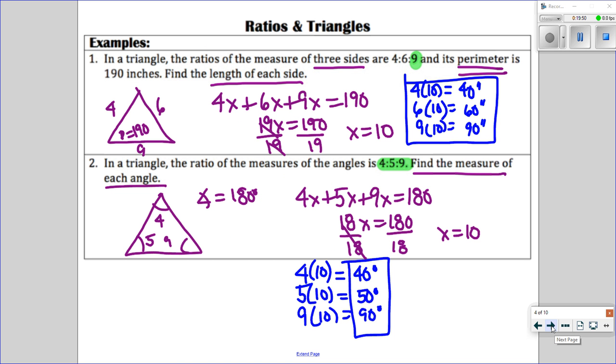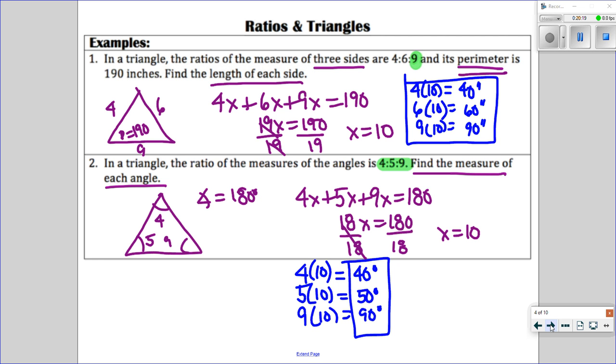We've done examples with ratios and triangles, but it doesn't have to be triangles, it could be any shape. If you had 4 angles and they give you a ratio, like 1 to 2 to 3 to 4, and a perimeter of 500, you would do 1x plus 2x plus 3x plus 4x equals 500 in order to find the scale factor and the actual sizes.